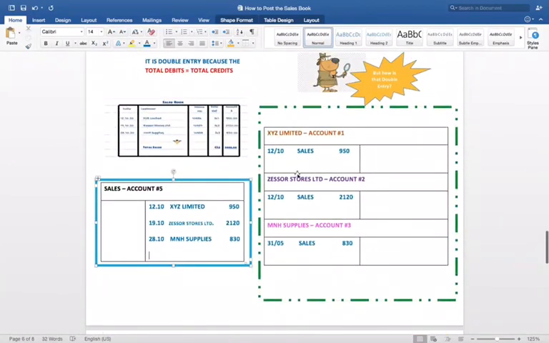Instead of doing this, where you have 3 entries in your sales account and 3 entries in your sales ledger under the relevant customer accounts, you must debit each account because they are different accounts. But then you could make one credit in your sales account.